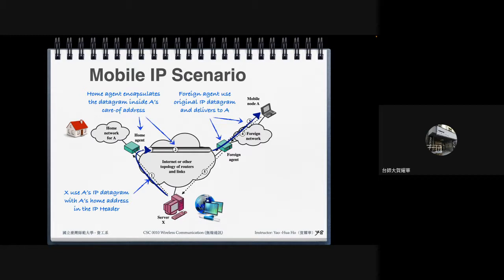The home agent will encapsulate, or tunnel, it to a foreign network, to some foreign agent. In the 5th generation, that foreign agent is yourself. But when the device replies, it does not need to tunnel again. It simply connects directly to the server because it knows the server's IP address. All right, so basically that's the concept of mobile IP.